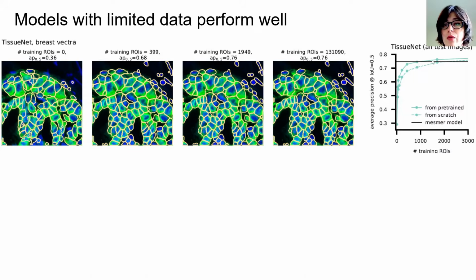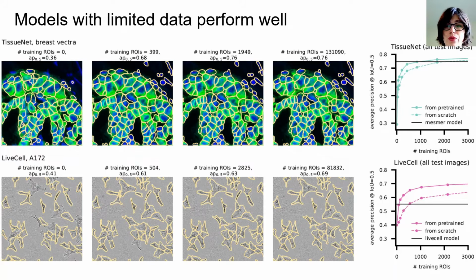And so already with only 1,000 ROIs, starting from our pre-trained Cellpose model, we can outperform this state-of-the-art model trained on all of the data. So this suggests that maybe you don't need hundreds of thousands of ROIs in order to create a good model for your data if you start from a decent pre-trained model.